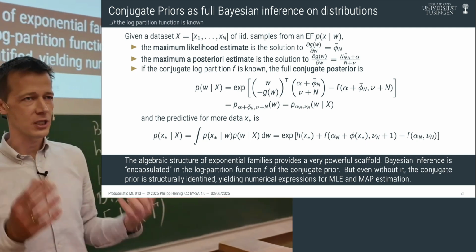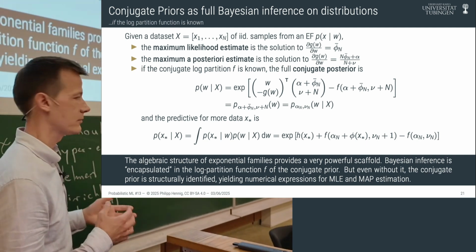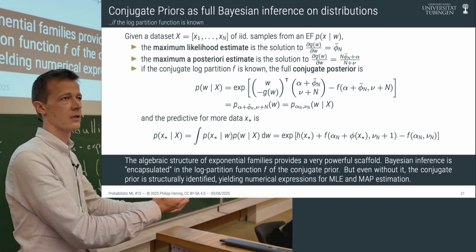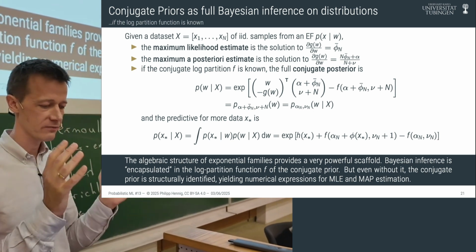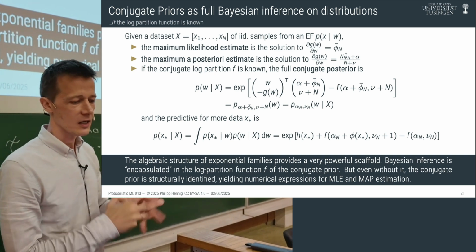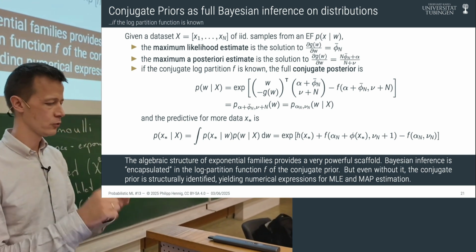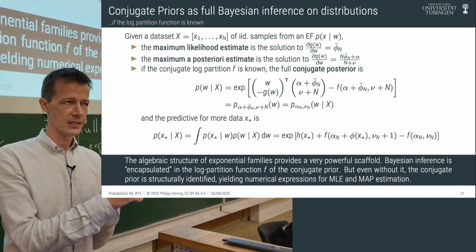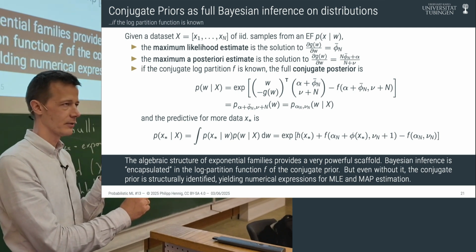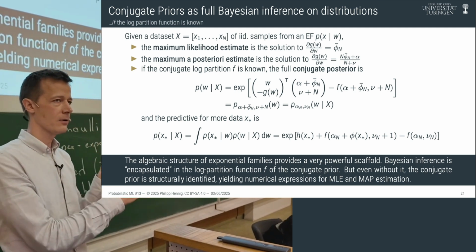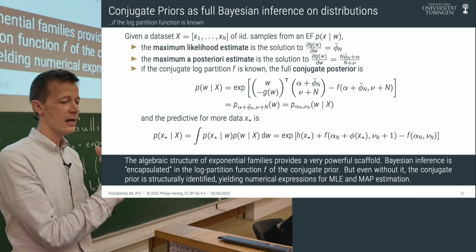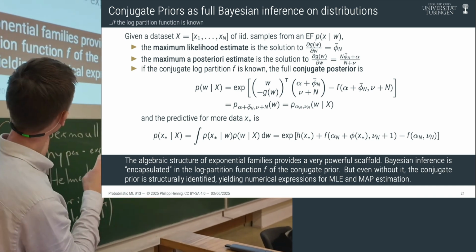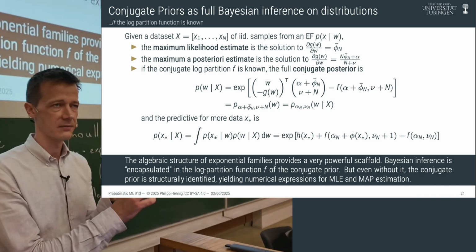And that's a relatively general language. I just need to be able to write down sufficient statistics and their log partition function. And that log partition function is the hard bit. If I've done that, then I can do maximum likelihood estimation by solving a root finding problem. I can do maximum a posteriori estimation because I know what the conjugate prior is automatically, and the root finding problem just gets regularized as a result.